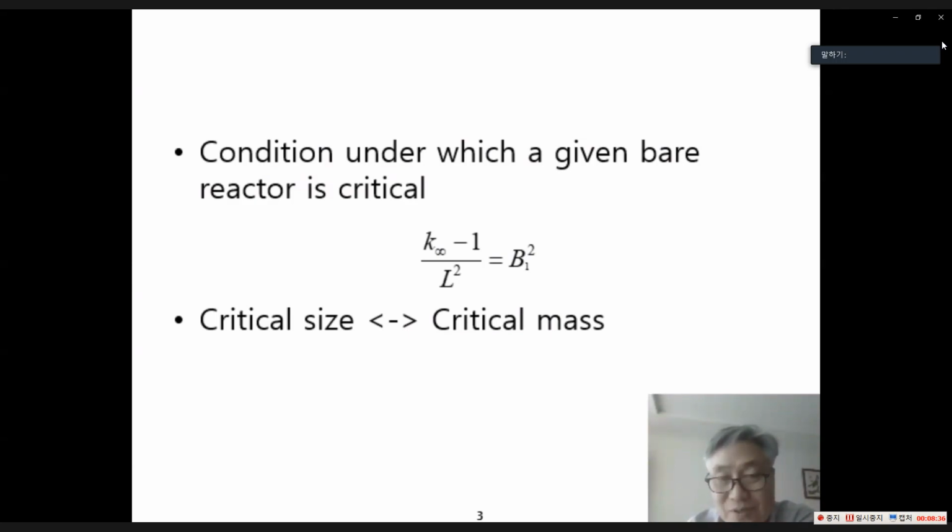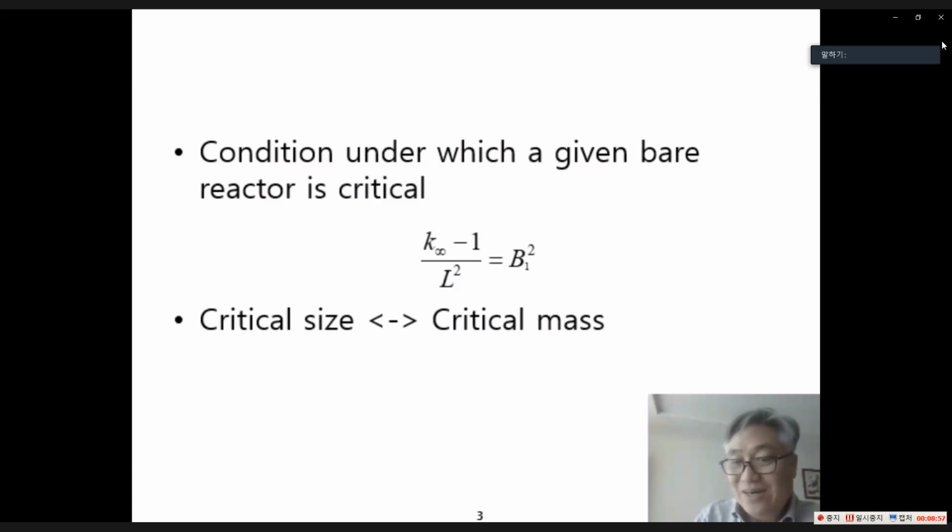But we have here a critical mass. What is critical mass? 임계질량, critical mass. In order to make some nuclear reactor critical, you must have a certain mass or certain size.